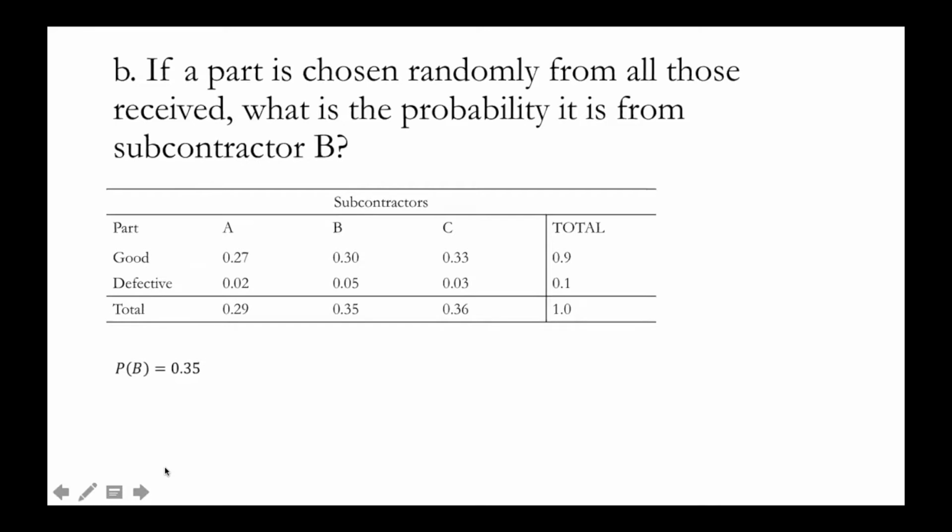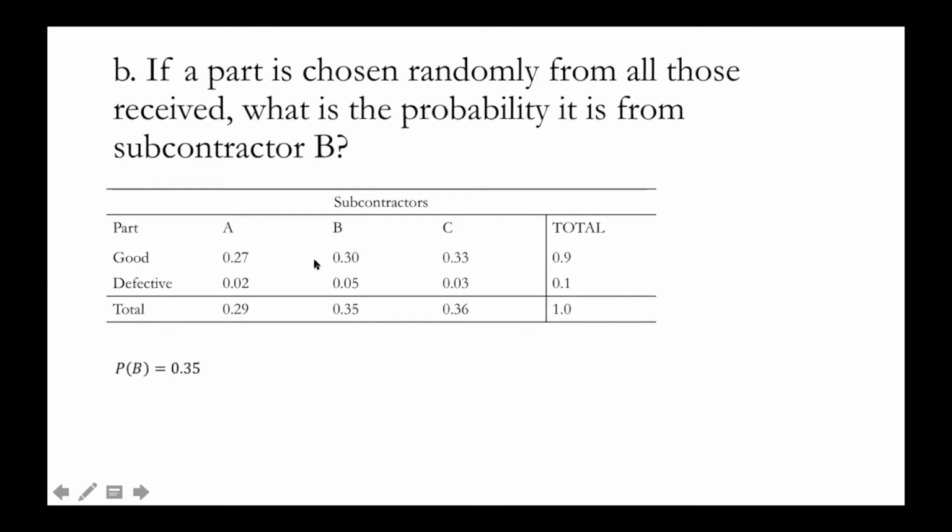So the probability that the product is defective will be 10%. If a part is chosen randomly from all those received, what is the probability that it is from subcontractor B? So then I simply summed up all the probabilities. The probability that the product is from subcontractor A will be the probability that it is from subcontractor A and that the part is good, plus that the part is from subcontractor A and that it is defective.